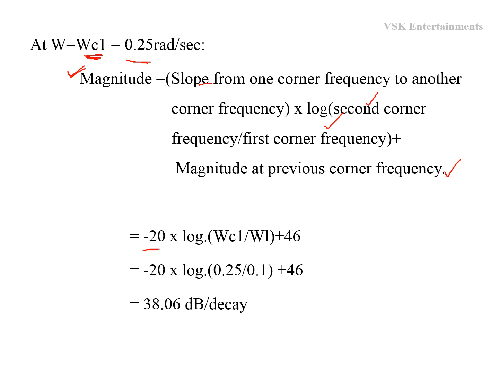In the table we get change in slope is minus 20, and log of second corner frequency, here omega C1, by first corner frequency, omega L, and the magnitude at the previous corner frequency, that is magnitude at omega L, is 46. Substituting all these values, minus 20 into log of omega C1 which is 0.25 and omega L which is 0.1, plus 46, and finally we get 38.06 decibels. This is the magnitude at omega C1.